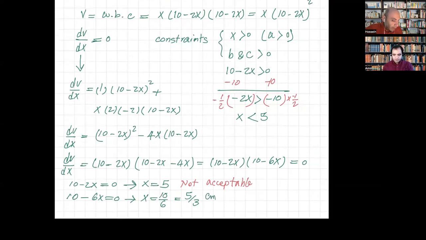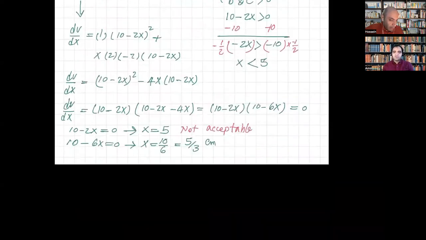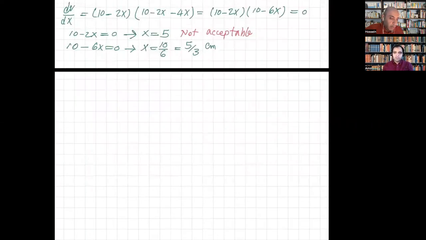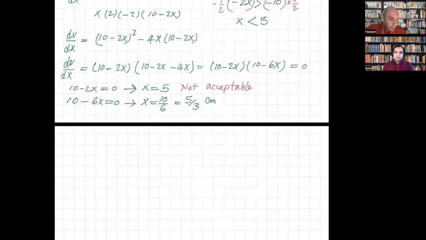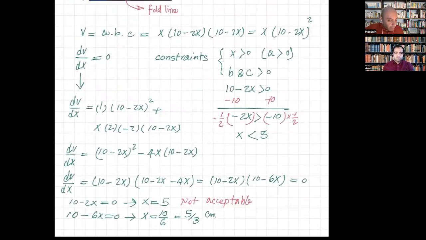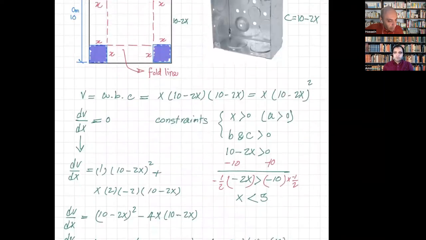That's correct. And then we need to substitute this value into the volume relation. So the volume is x times (10 minus 2x) squared.